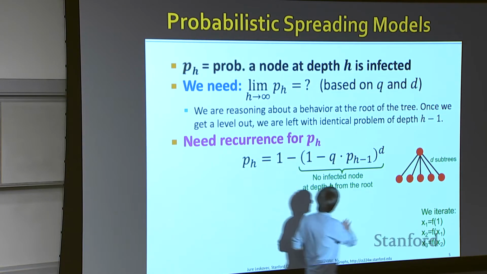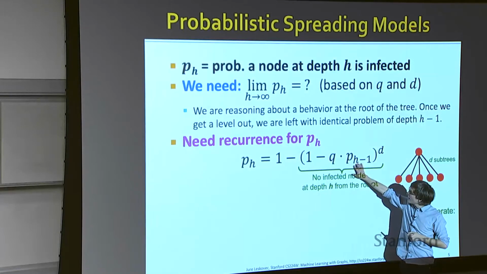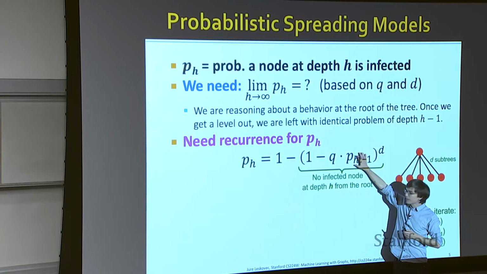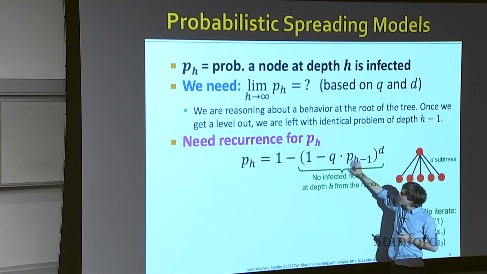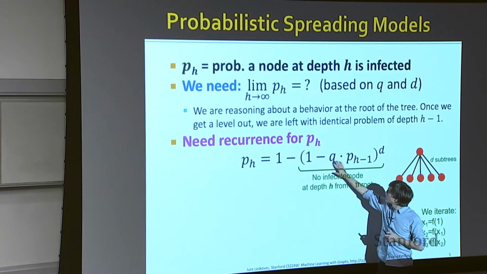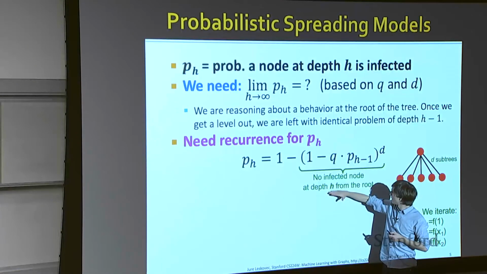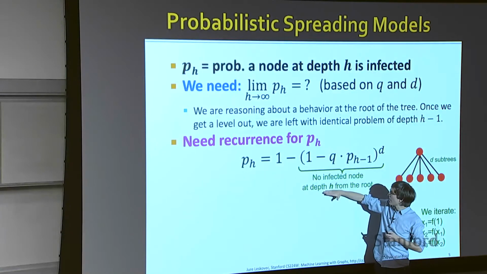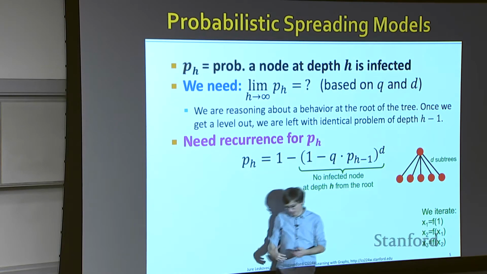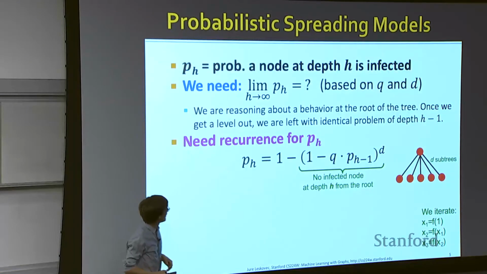So if this is the probability that on the upper level there is at least one infected node, then what we are doing here is saying 1 minus q times p of h is the probability that we see no infected node at depth h from the root. So 1 minus that is the probability that we will have an infected node at level h.